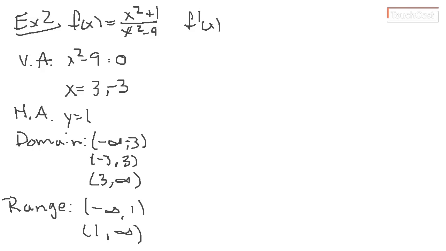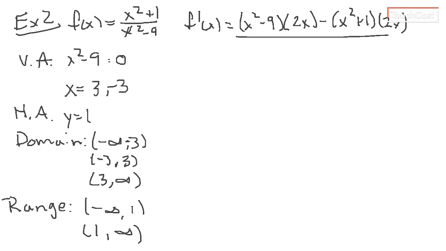So using the quotient rule, we can write our derivative as x squared minus 9 times 2x minus x squared plus 1 times 2x over x squared minus 9 squared.